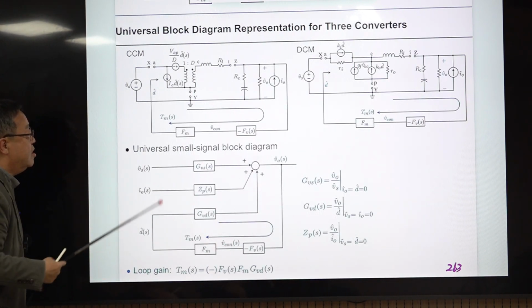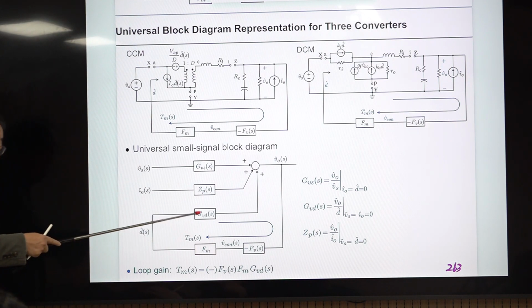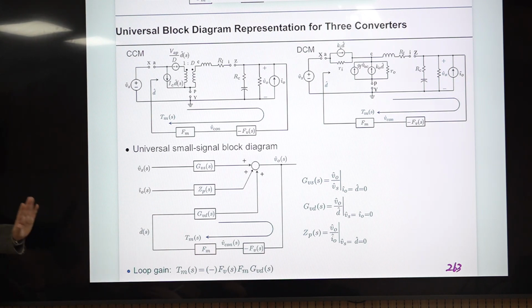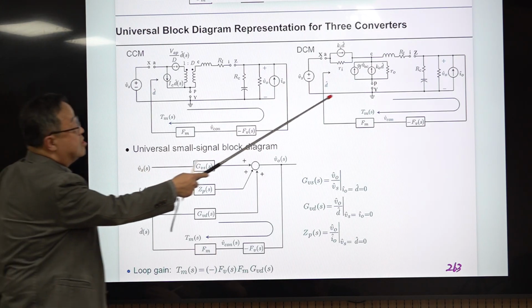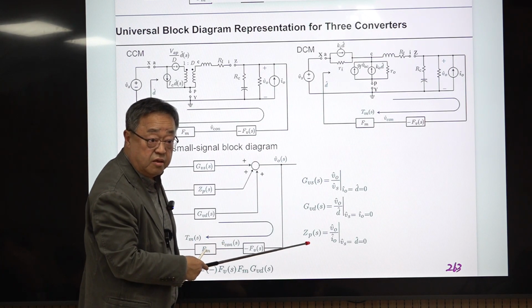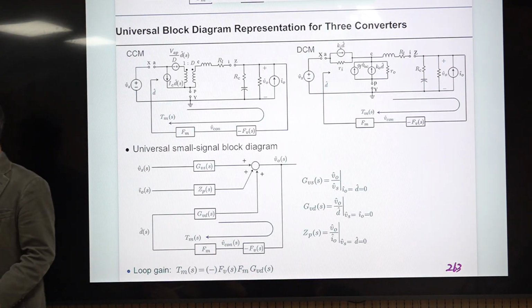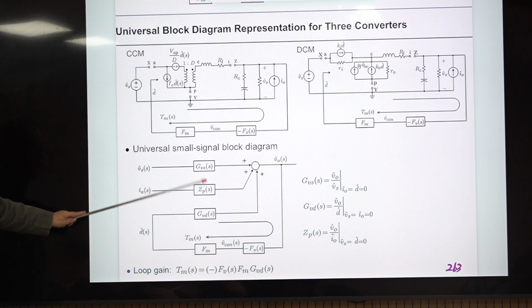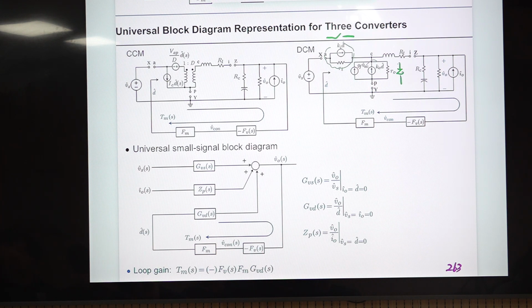Then this becomes the general model for all the CCM PWM converters, including everything, isolated, non-isolated, with parasitic resistance. For DCM, you use this one and derive this. Then you have the same gain blocks for the DCM operation. The way of memorizing this is, this part corresponds to the active switch, and this corresponds to the passive switch, the diode. So it is easy to remember.